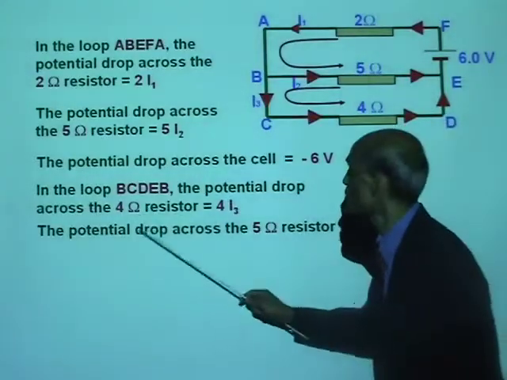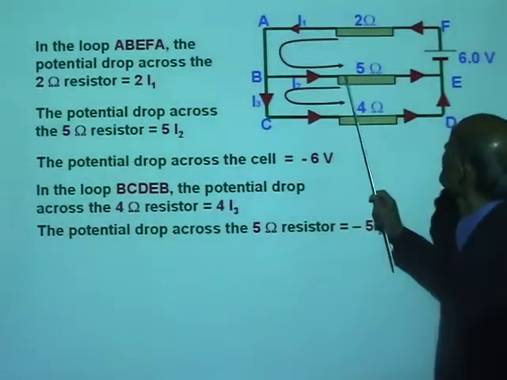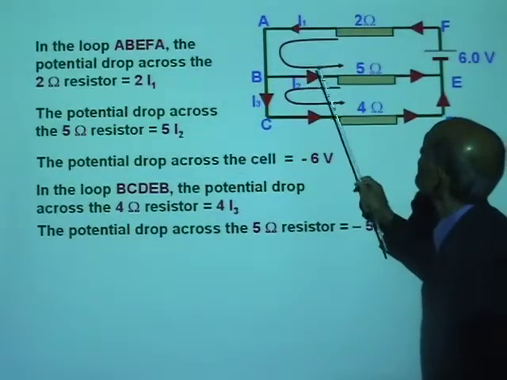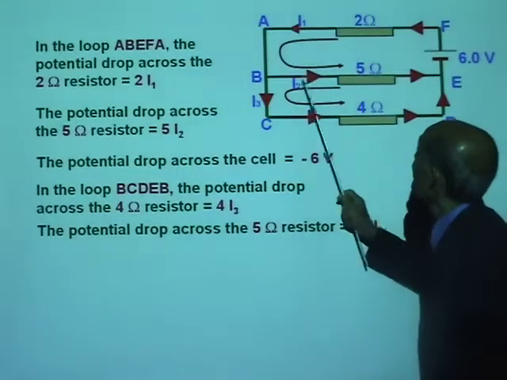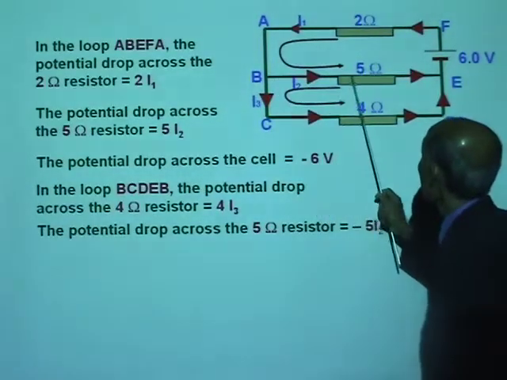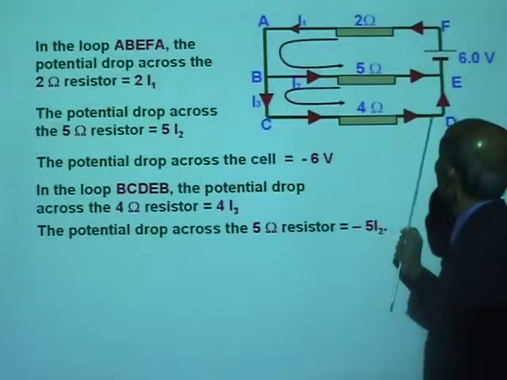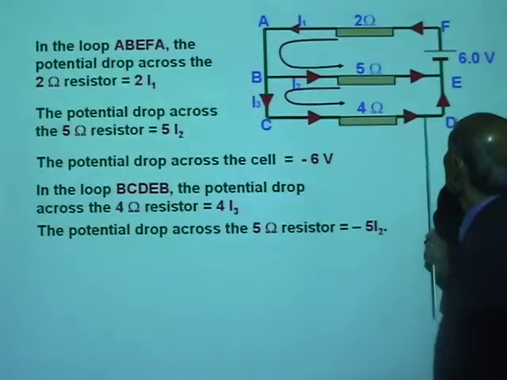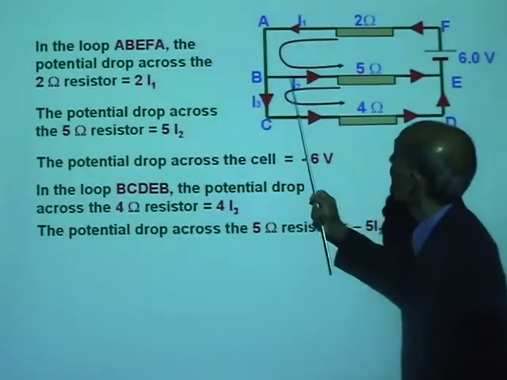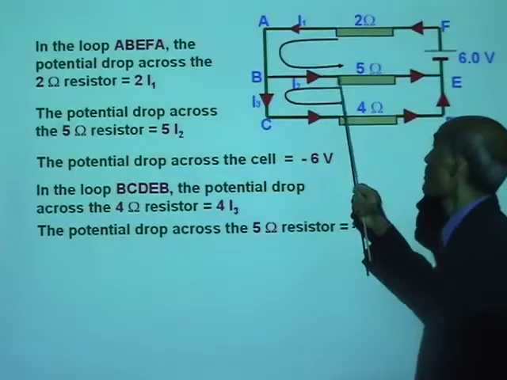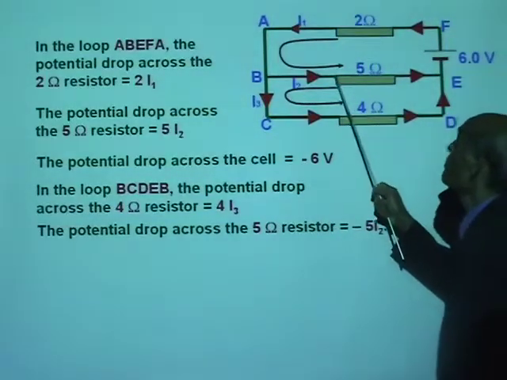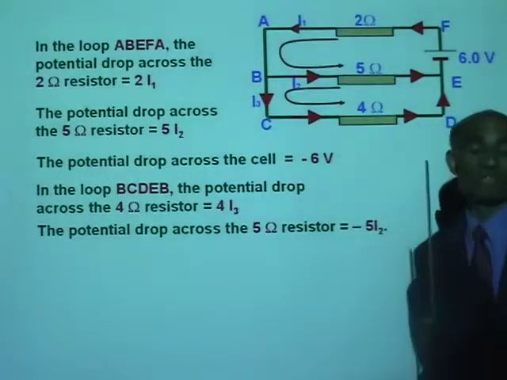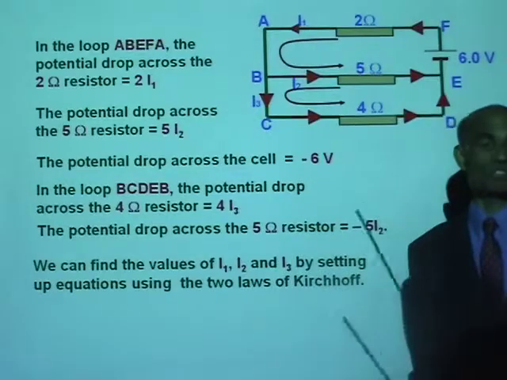How about the potential drop across the 5 ohm resistor? It is 5 times I2, but the current goes in the opposite direction to the loop. The loop goes B, C, D, E, B, and the current in the 5 ohm goes in the opposite direction. Therefore the potential drop in the 5 ohm is negative 5 I2. That's the way you calculate the potential drop.